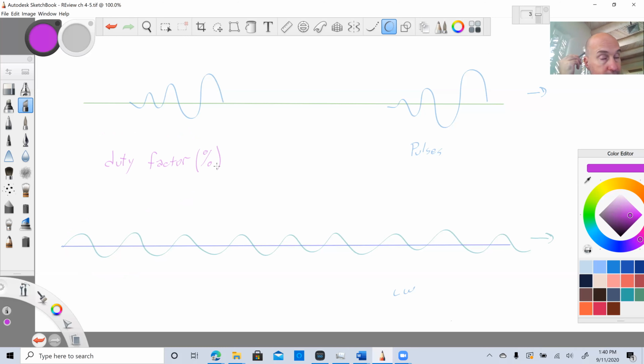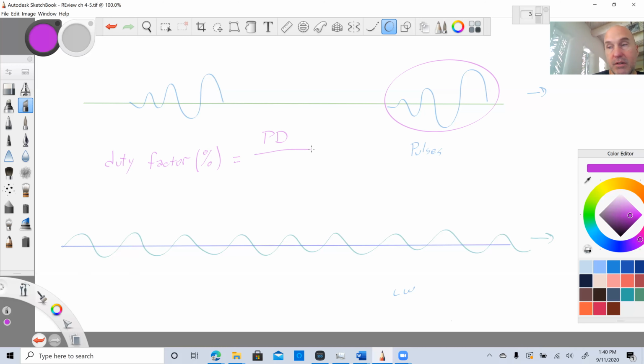It can be a simple ratio. It is equal to the pulse duration, the length of time for that pulse, so 3 times T, whatever T is.